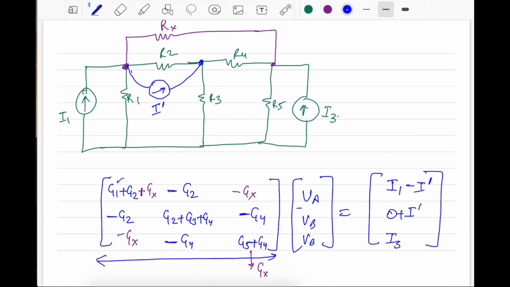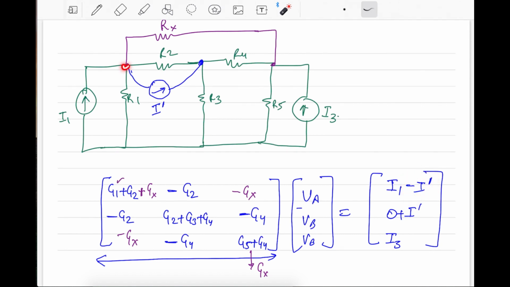Good. So this is the change that you will observe once you insert a current source between node 1 and node 2. You can recall that this I1 was there because you were assuming the current was injected into the node, so you had I1 as a positive one. But now there is an actual current source coming out of the node, so that is minus I dash.